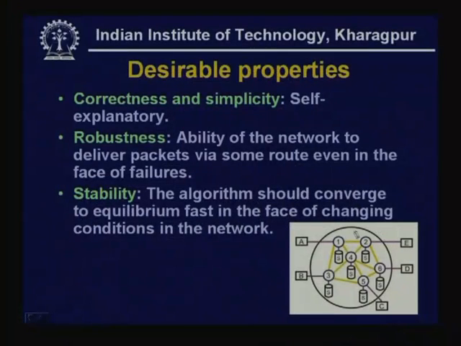Suppose there is congestion in one part of the network. Then a particular station can divert all the packets towards other nodes, or not one station, all the stations can divert all the packets to another part of the network. Because of that, congestion may develop in that part of the network.